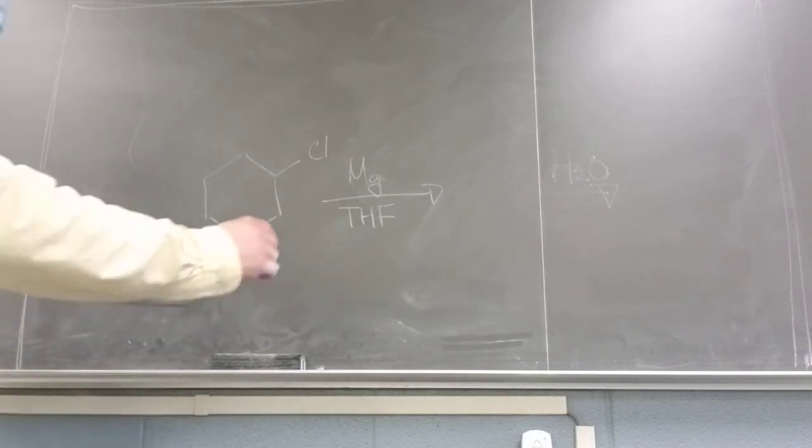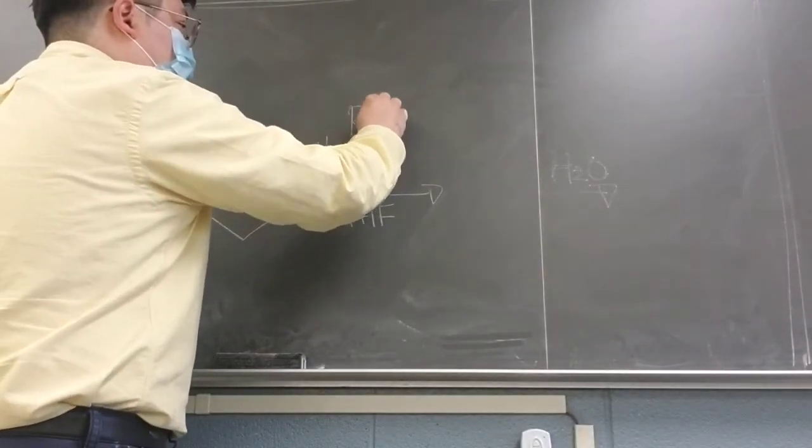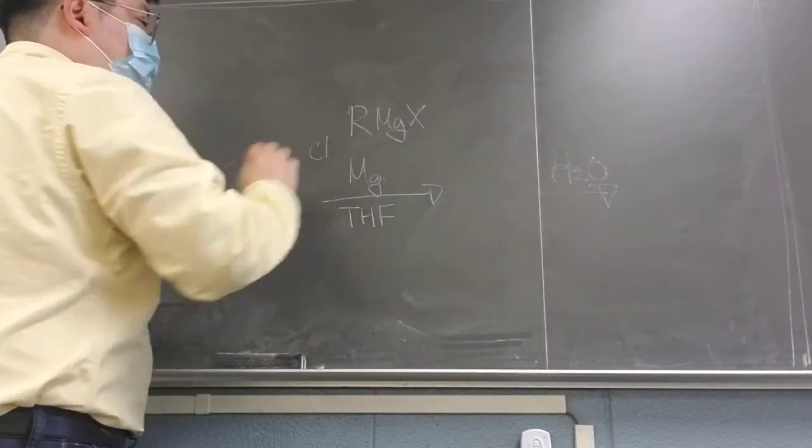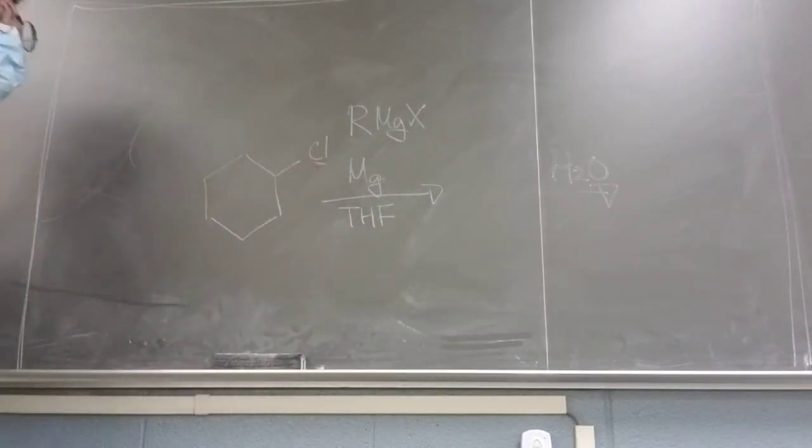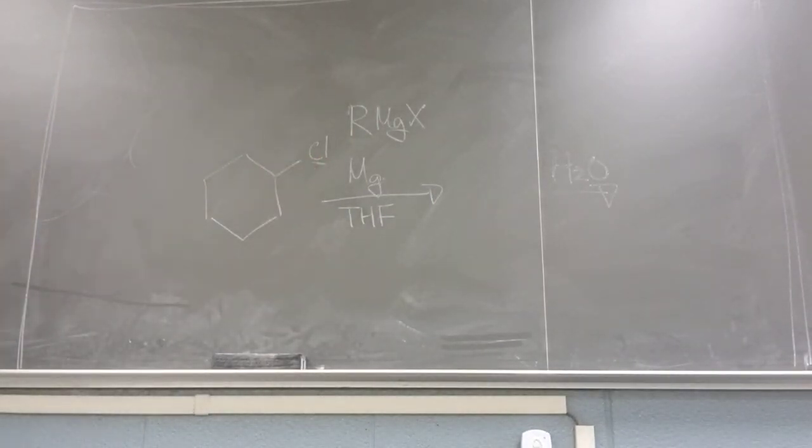So Grignard was about R-magnesium-X, where X could be the halogen. Give it just 1 minute. We'll do this together.